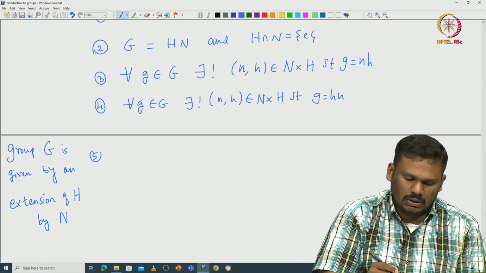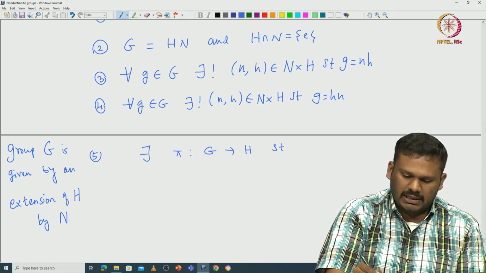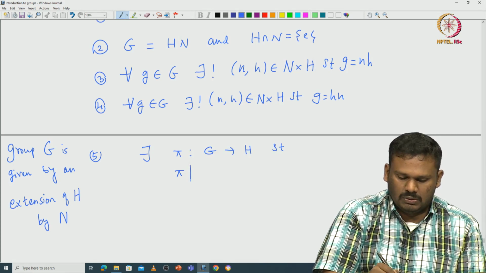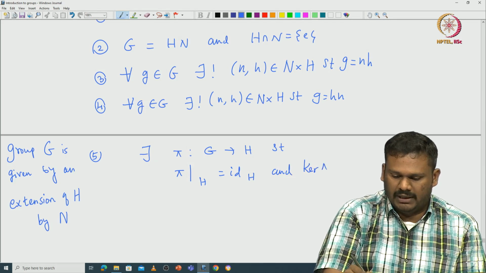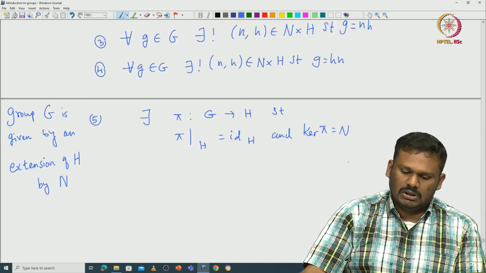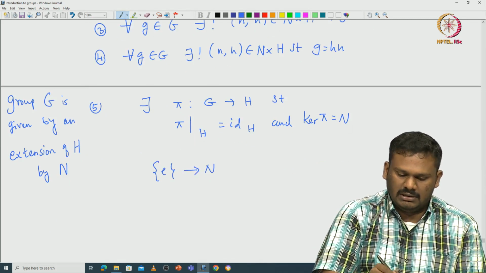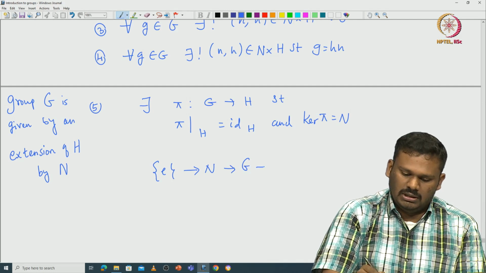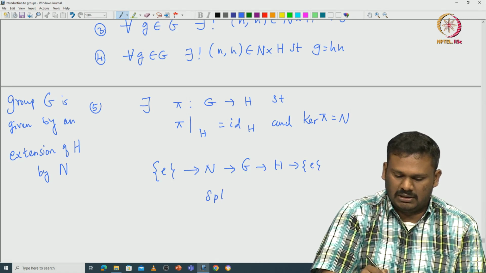There is a natural group homomorphism from G to H, pi, such that when you restrict pi to H, that is the identity map on H, and when you take the kernel of pi, that is exactly N. So that means we have this split exact sequence: identity, N, G, H, identity.